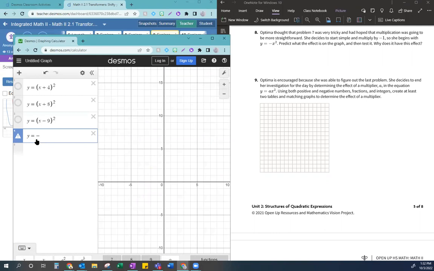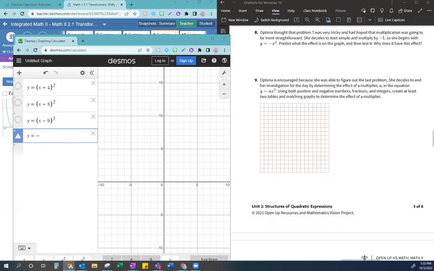It's okay to guess. What do you think is going to happen when I hit negative x squared right here?